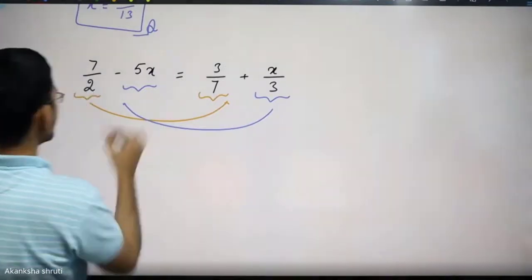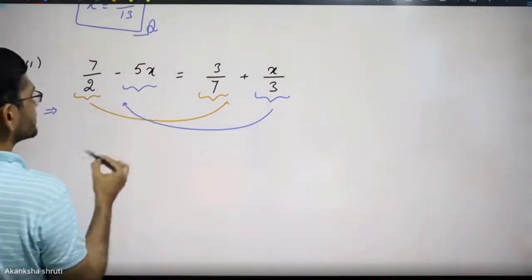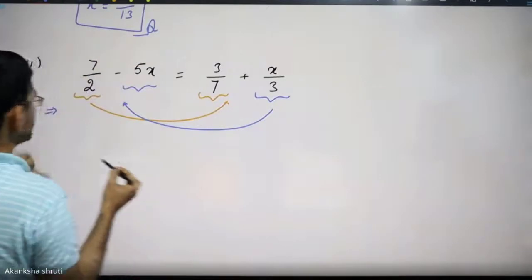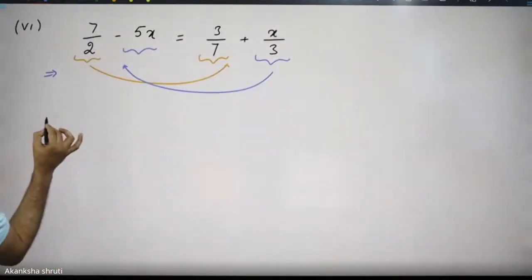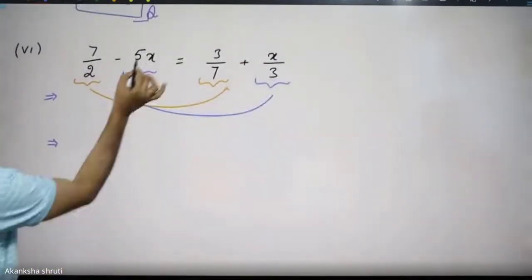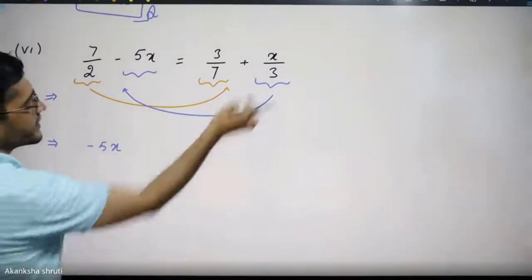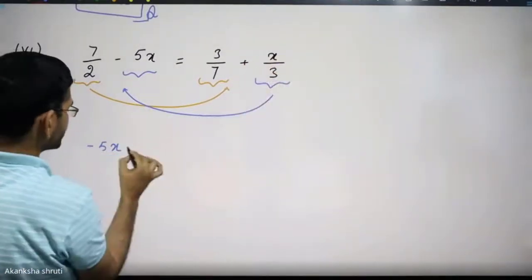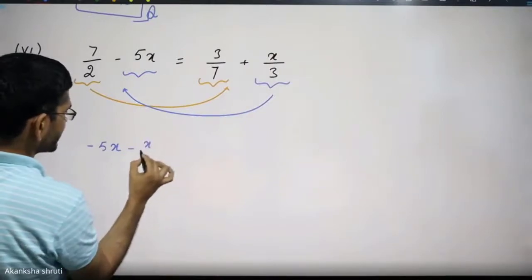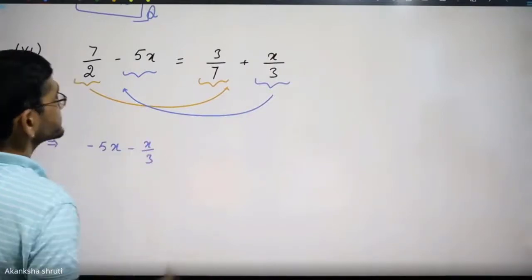Okay. So a student, put the habit of writing what is given as the first, to avoid confusion. So this simply means write this minus 5x as it is. It was plus x by 3, so write this as minus x by 3.